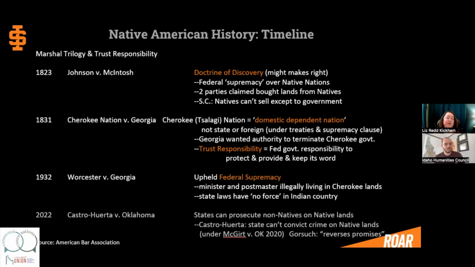So the Supreme Court said that the United States had a responsibility to keep its word from previous treaties, to keep its word in current negotiations, and to protect Native peoples from further harms. And then in Worcester v.